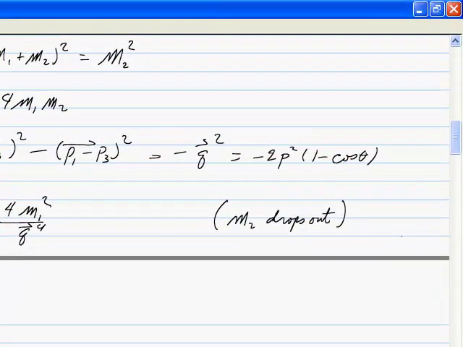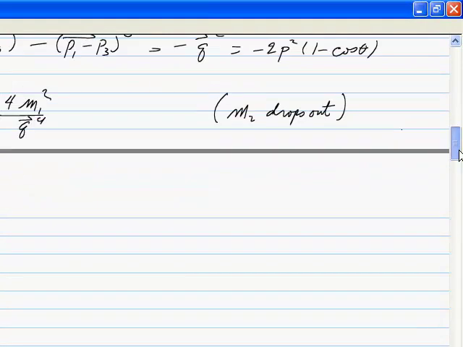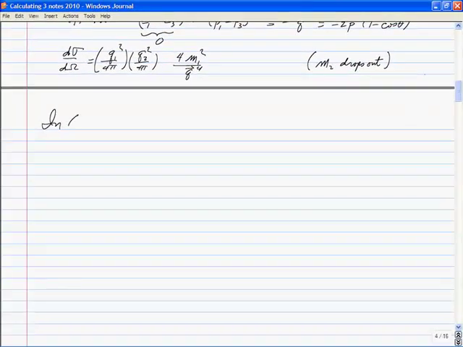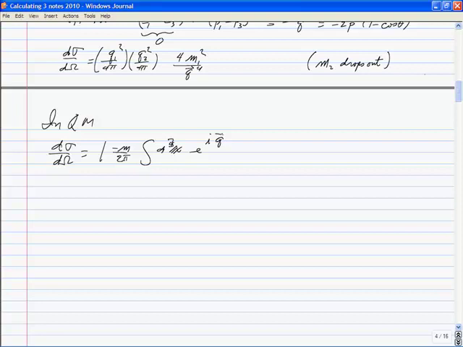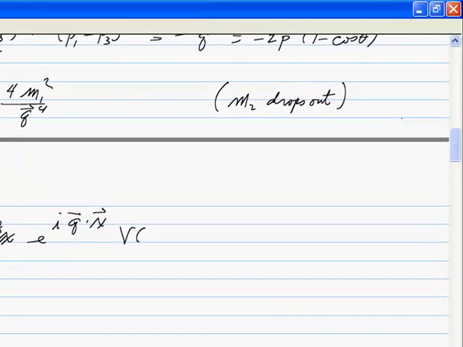Okay, and now let's just go back and do this thing in quantum mechanics. Okay, so in quantum mechanics we have d sigma d omega is minus m over 2 pi integral d3x e to the i q dot x, the Fourier transform of V of r, squared.